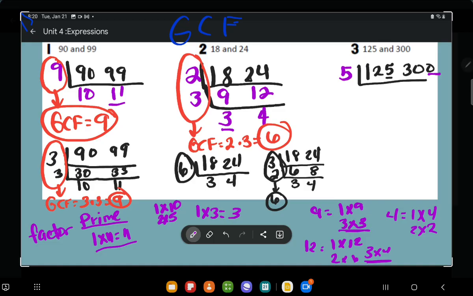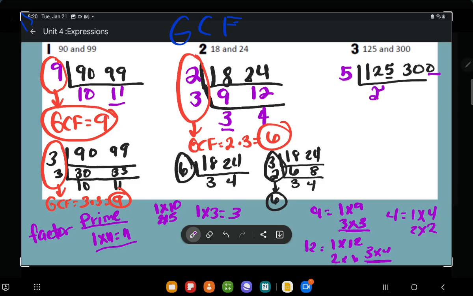So in your calculator, 125 divided by 5, what is that, 25? So let me get my calculator. So 125 divided by 5 is, yep, 25.